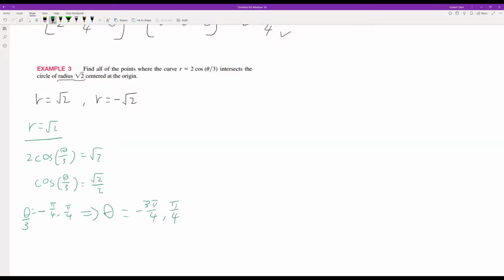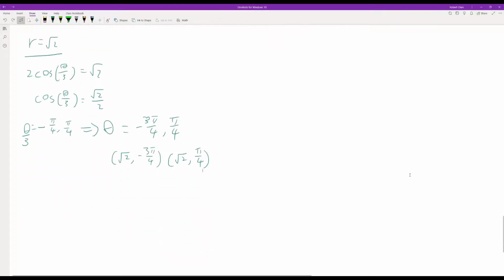That gives us the 2 points: r is radical 2, negative 3 pi over 4, and radical 2, 3 pi over 4. Now let's check if they are the same point. They have the same radius and the angles are different. Let me go to the bottom for this.